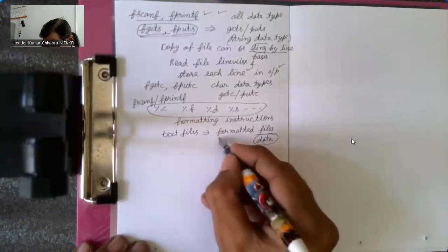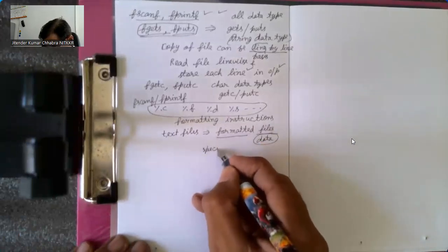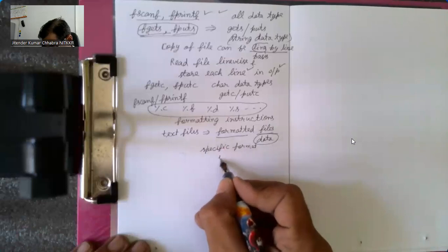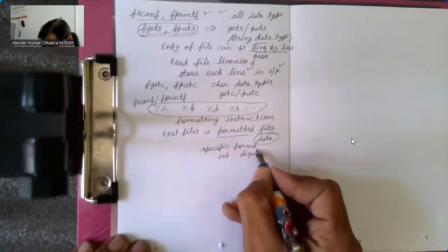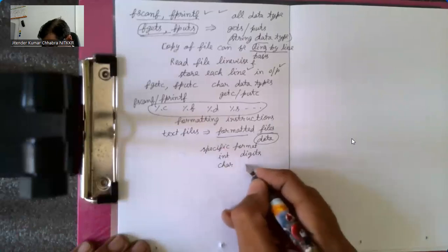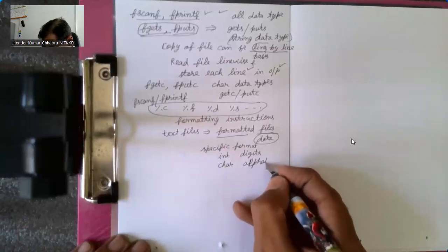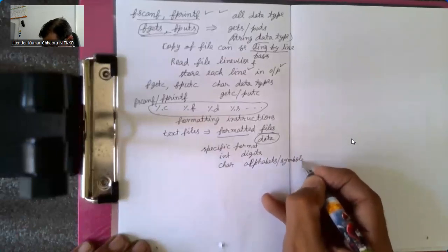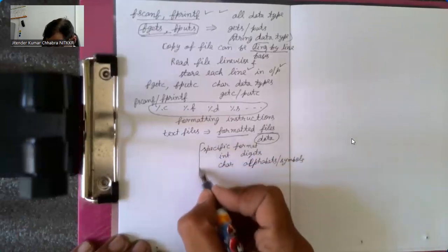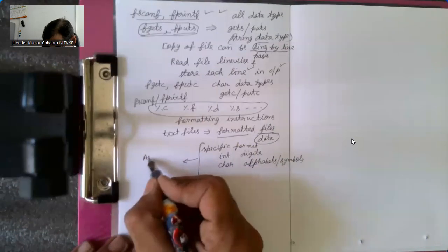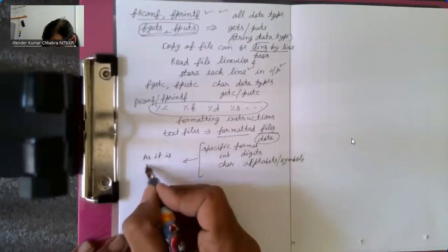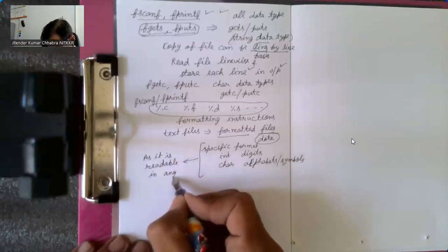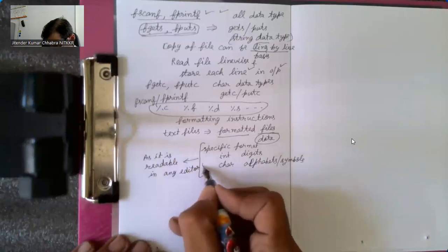Formatted data means we are using a specific format, like integer values mean digits, character values mean alphabets or symbols, float values mean and so on. And all this data is readable in Notepad or any editor. Good enough, perfectly works for normal cases.